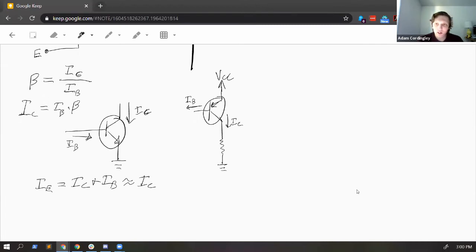So that's a very, very often used engineering approximation, that I emitter is approximately equal to I collector, because the base current is just so small. And so we have the same thing here, but I collector is beta times I base. So there's a rundown on BJTs.